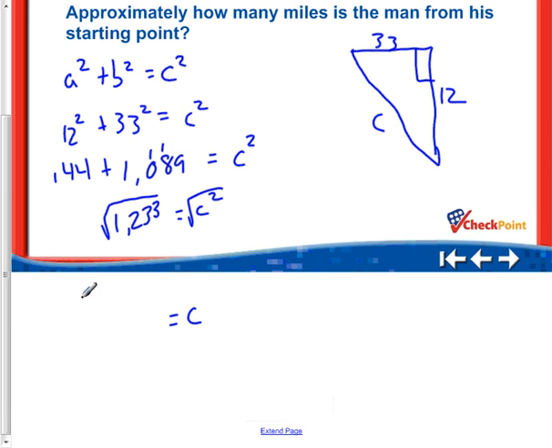So we can write that in there. It's about 35.1 miles. You want to make sure you include your units. And again, a negative value does not make sense here at all. So you'll want to make sure you take that into consideration.